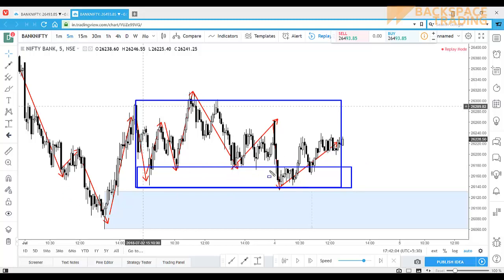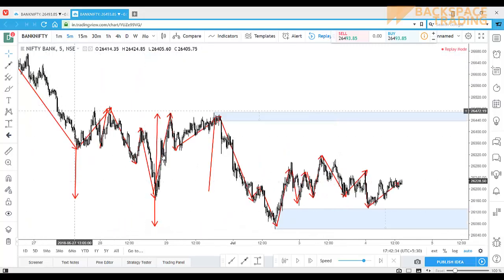Obviously, if price is supposed to break down, because it's an overall downtrend, and if at all price tries to breach, we will be able to witness that strength by the price itself, right?